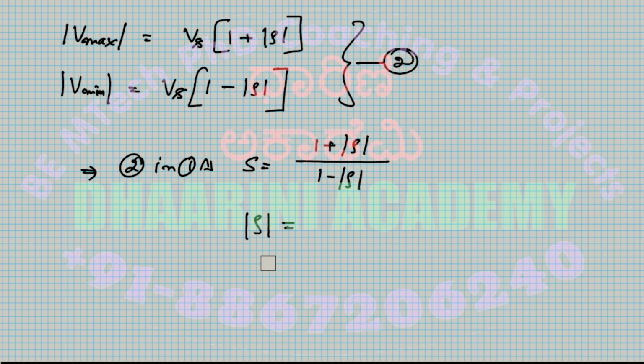So when you simplify, you're going to get this. Perfect. So this is S minus 1 by S plus 1.